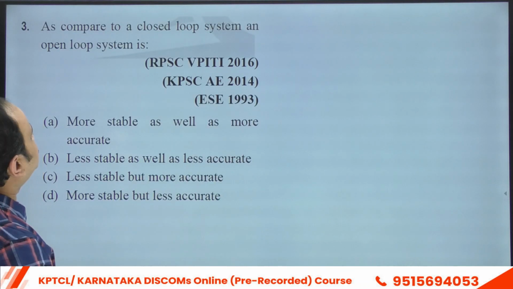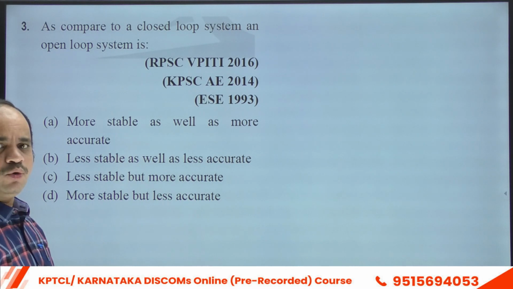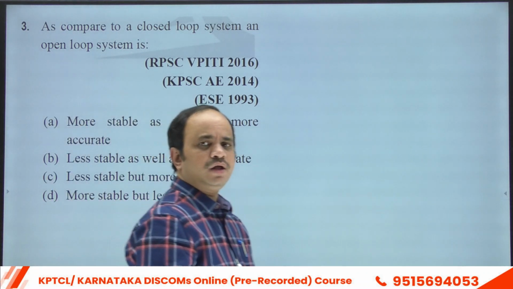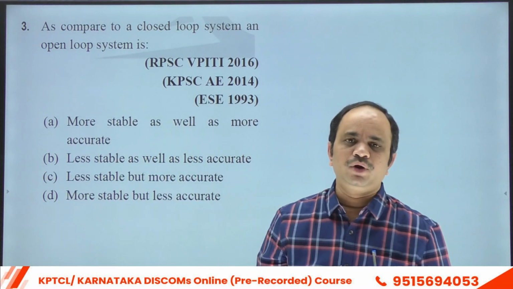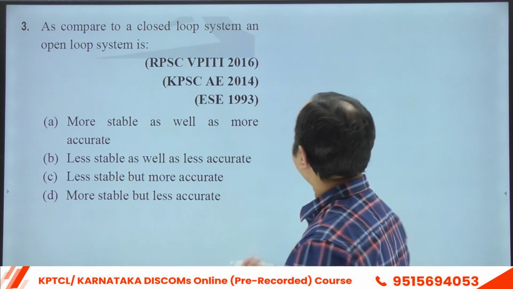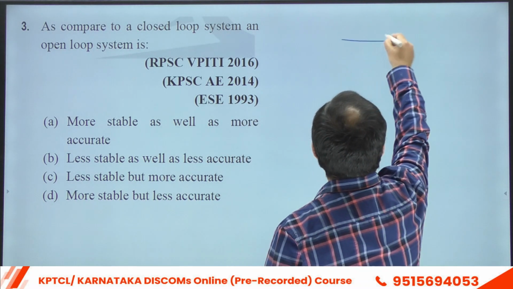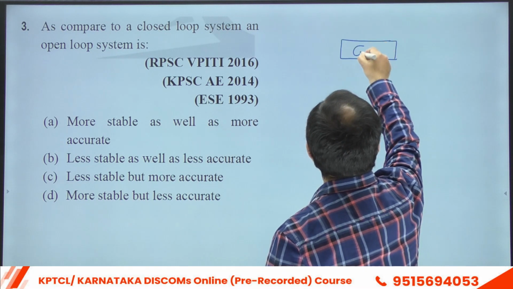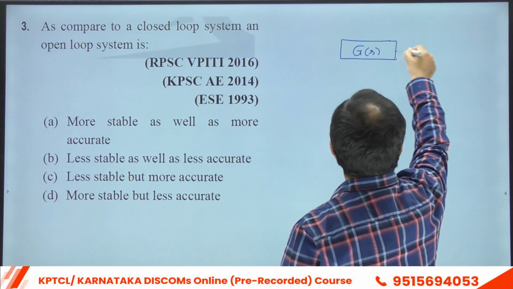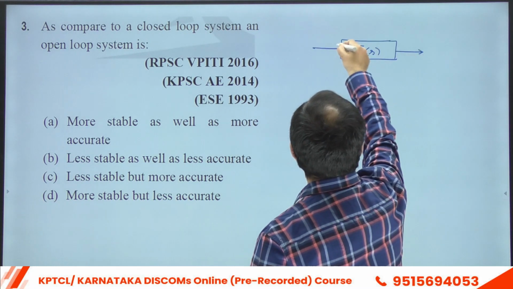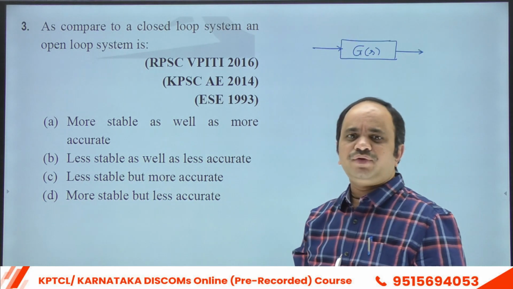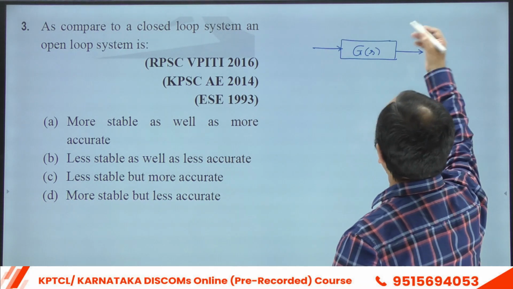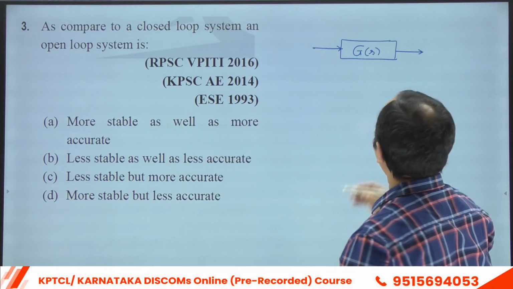As compared to a closed loop system, an open loop system is. So this question is basically on the concept of comparison of open loop system and closed loop system. Suppose if you look into open loop system, the basic idea here is, let me take open loop transfer function g of s. So what is the basic purpose here? A given system transfer function is expected to do some objective, some purpose.